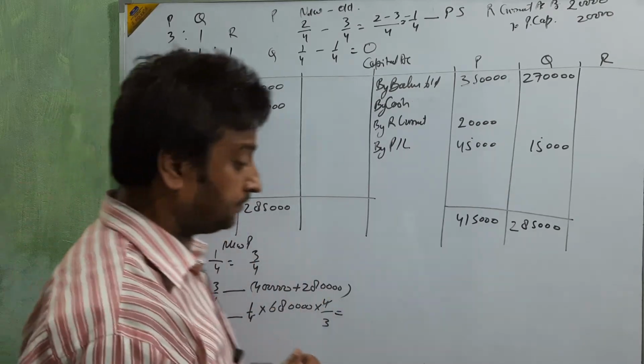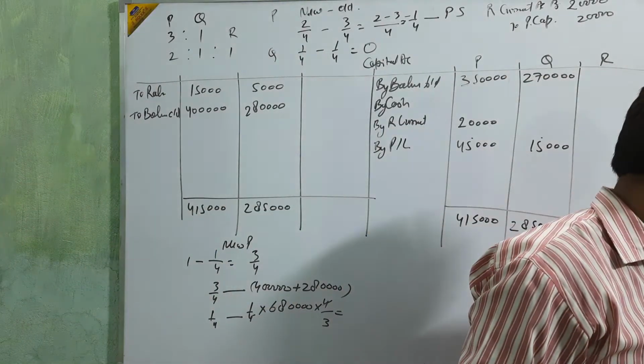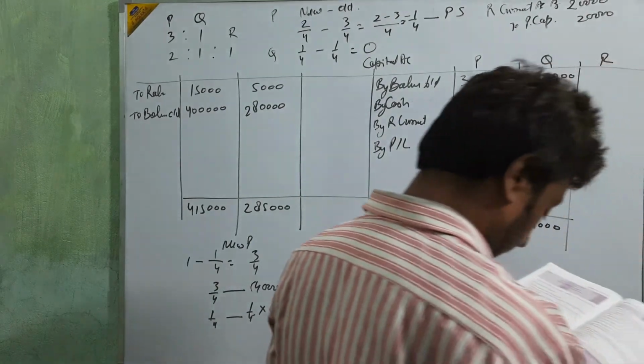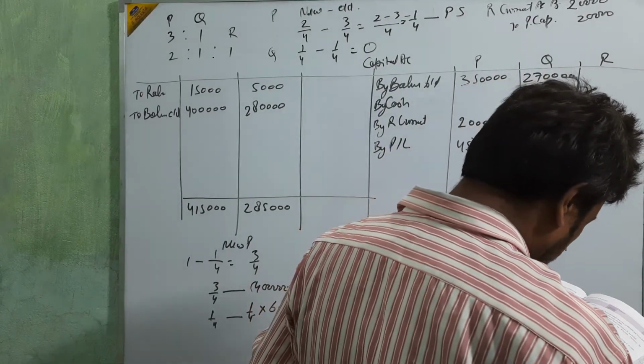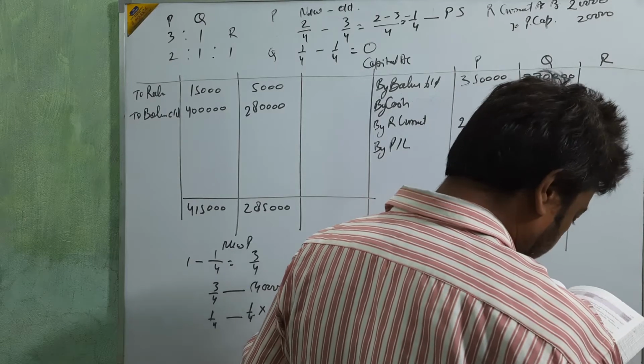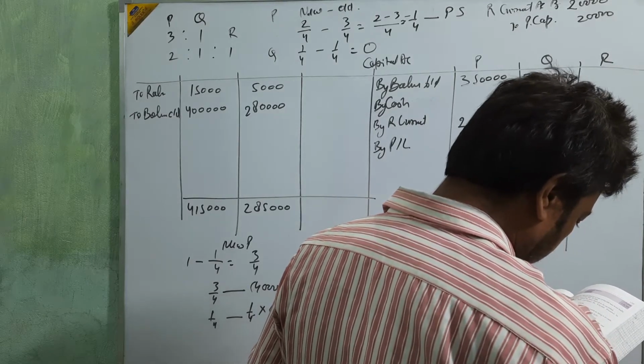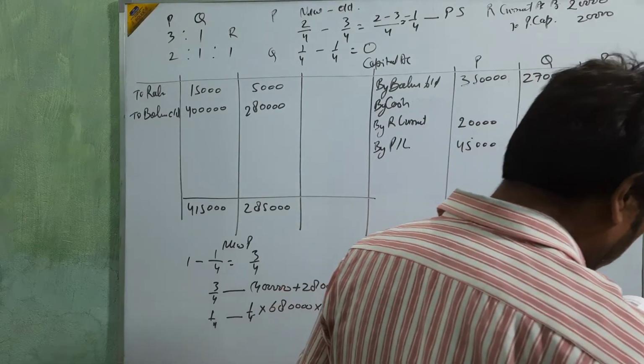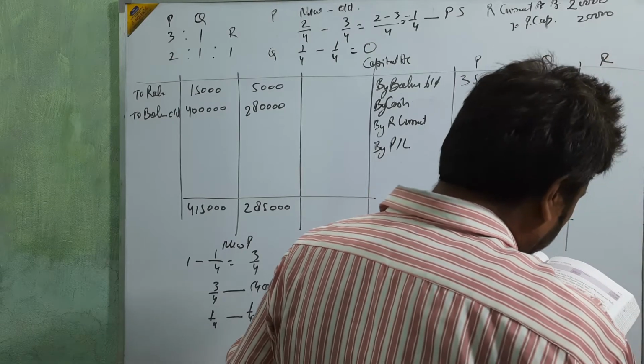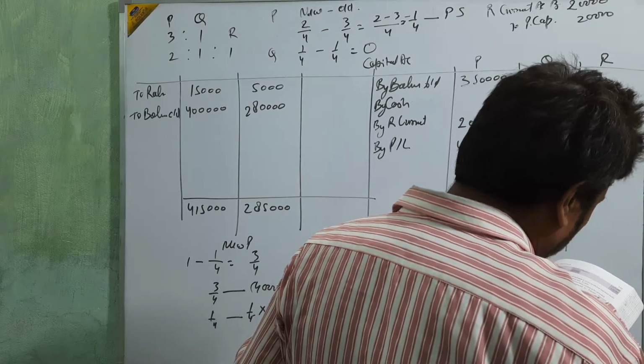Cut this. Machinery has been found overvalued by 20%.